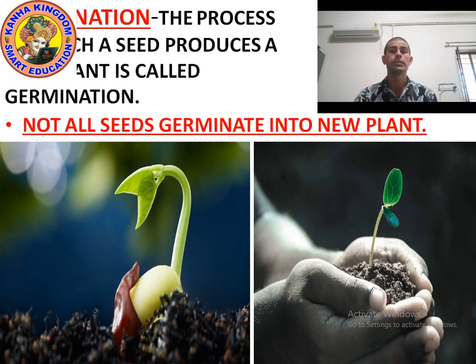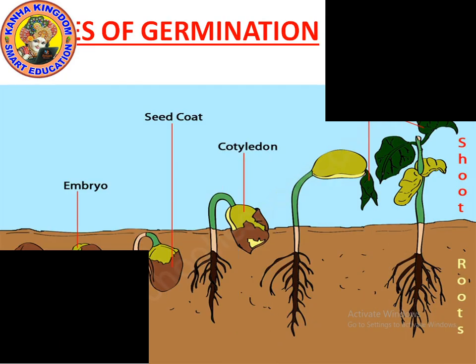So by germination, what happens? A seed produces a new plant. Okay, I hope you understood. Now let's move on to the next point.